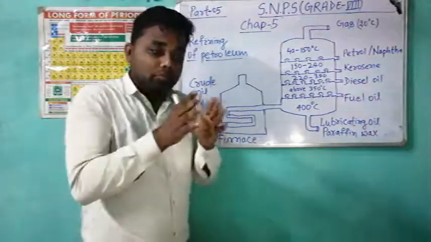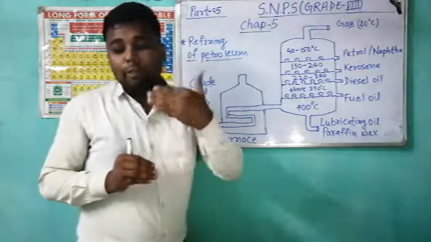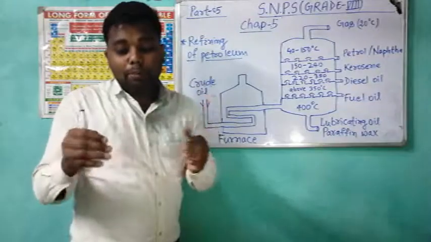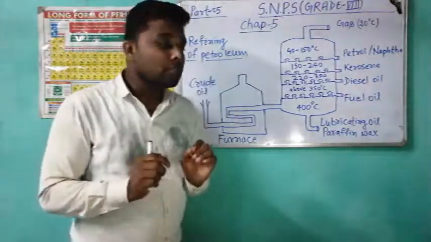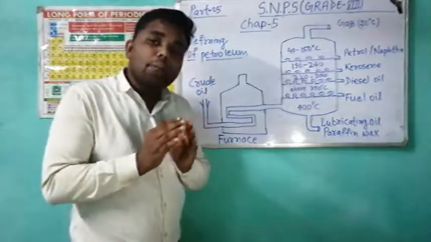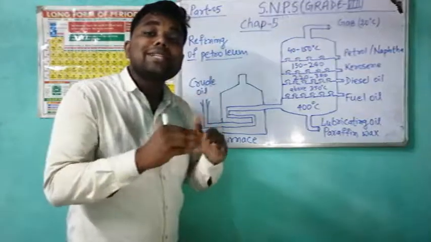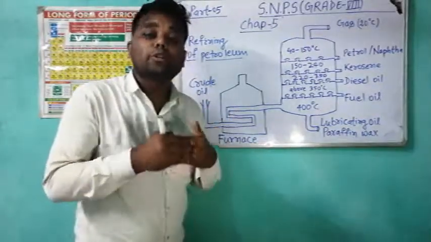These are the components of crude oil. So this is a process of separating crude oil into its components by the fractional distillation process. This is called refining of petroleum.